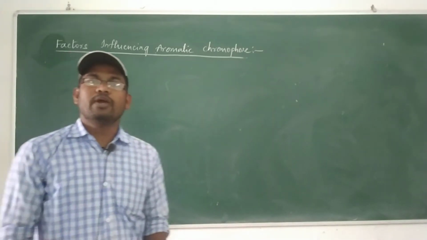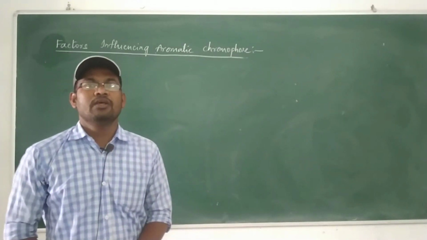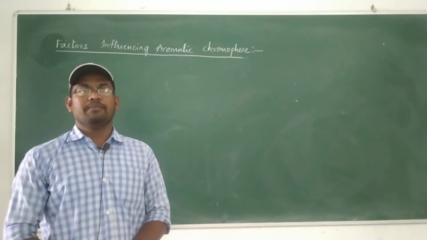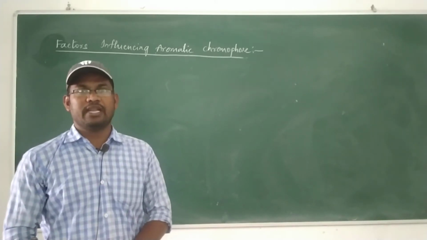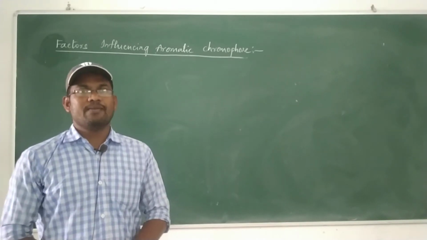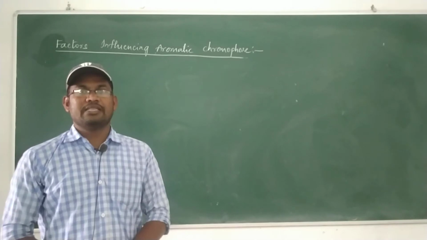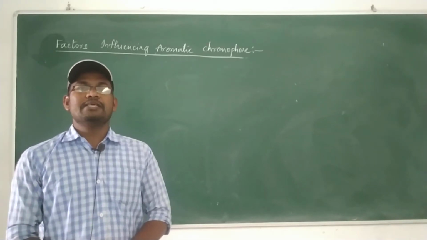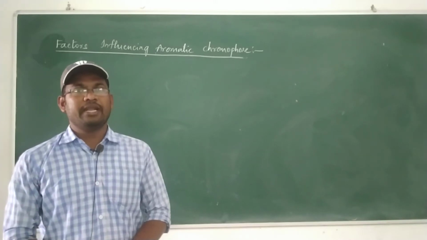We already know aromatic chromophores are chromophores which act as aromatic compounds. Aromatic compounds are those which follow the 4n plus 2 pi electron rule, according to Huckel. Best examples are benzene, naphthalene, anthracene, etc. Benzene is the best example of an aromatic chromophore.